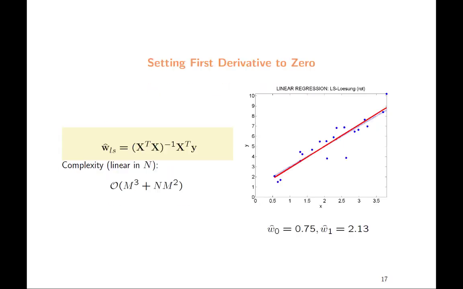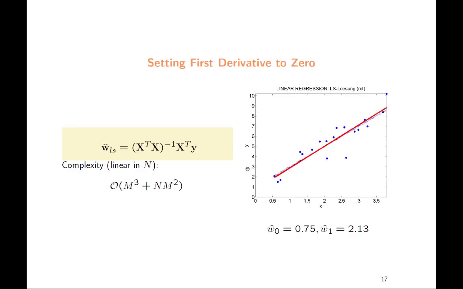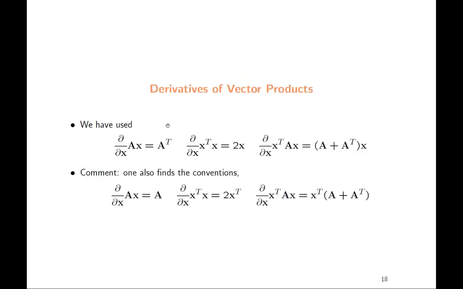Oh yeah, if you look at these equations, essentially I hid it a little bit from you. We took derivatives of different products of matrices and vectors. Here's just a collection of formulas. So the derivative of A times X with respect to X is A transposed.